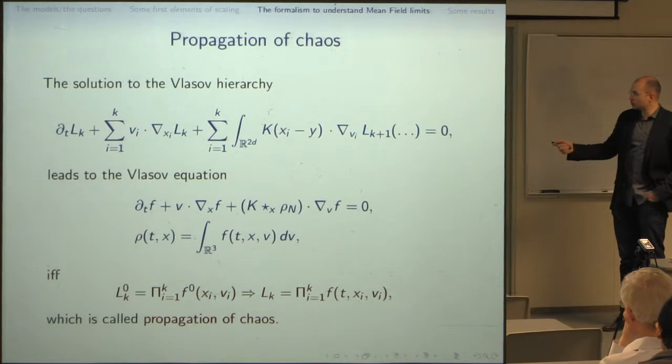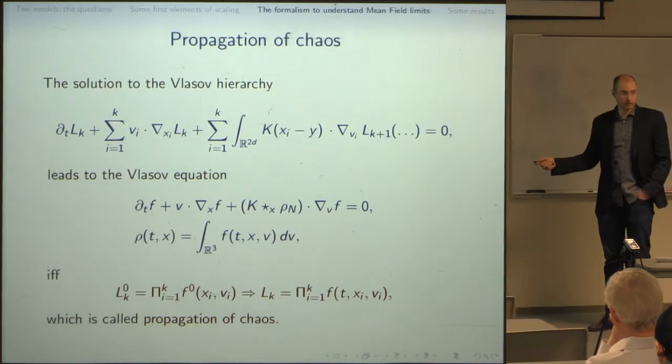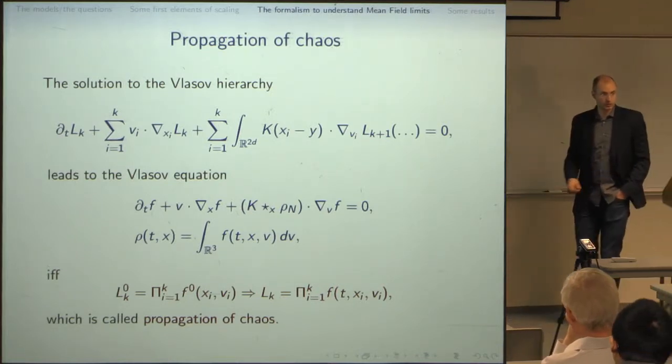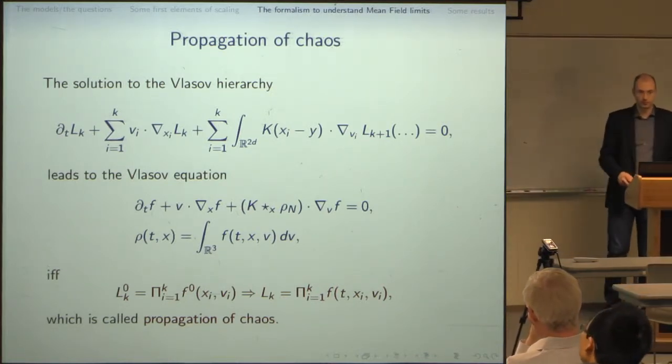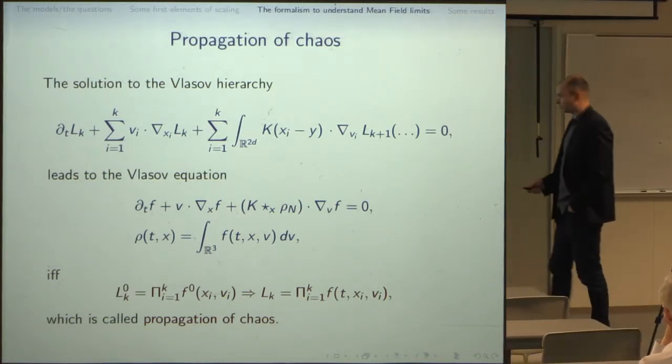If the solution to that is tensorized, so you put this as an ansatz into this hierarchy, it will be a solution if and only if the f here is a solution to the Vlasov equation. Again, this is a fairly simple calculation.